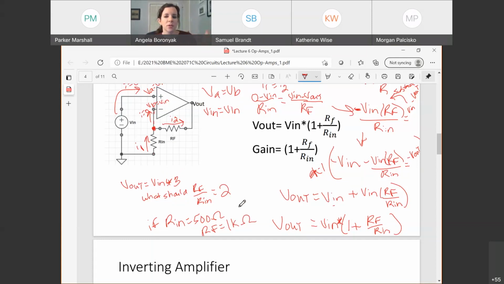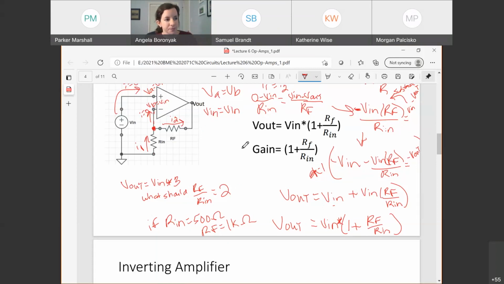We talked about that, like too low makes the current too high, too high would also make thermal noise. So again, we often are in kilo ohm ranges or at least hundreds of ohms. But in theory, if I don't give you limits and I tell you just make a circuit that multiplies by 3, you could make Rn 1 and RF 2. Just keep in mind in real life, 1 ohm and 2 ohm is probably not a practical resistance value because they're going to have ridiculously high currents and nobody likes things smoking and catching on fire.